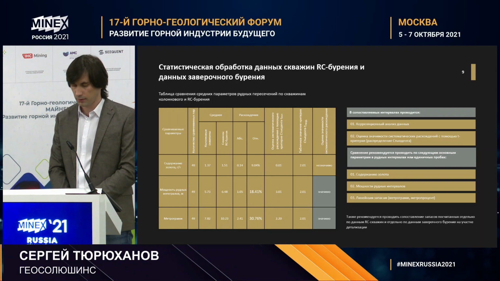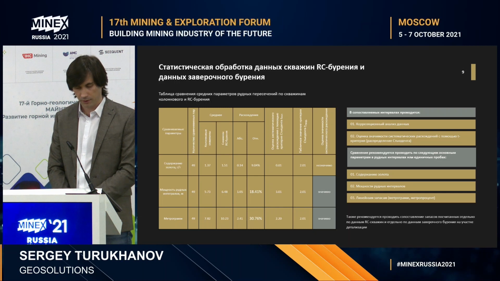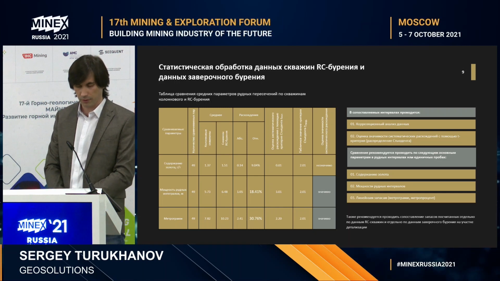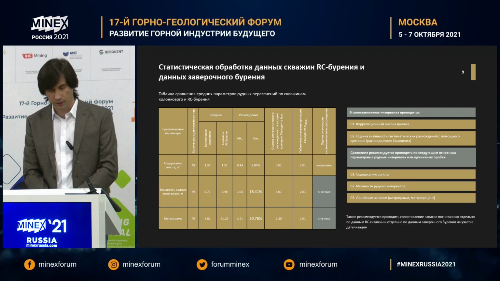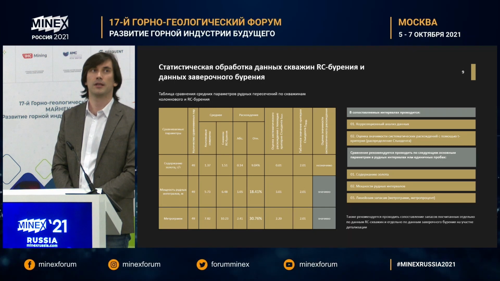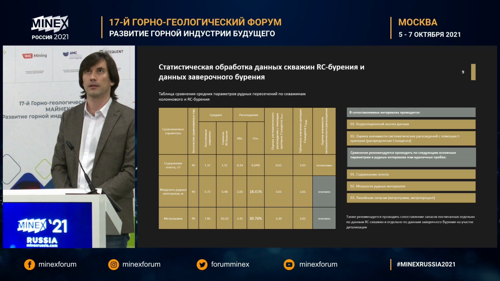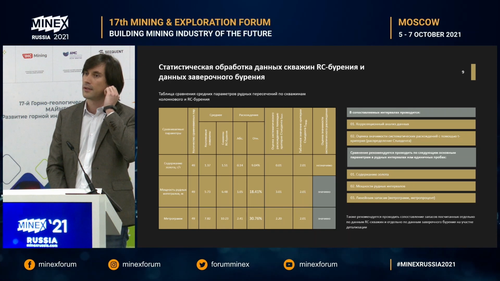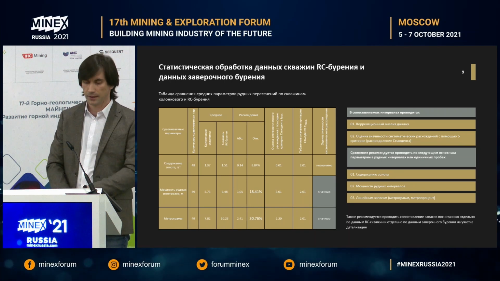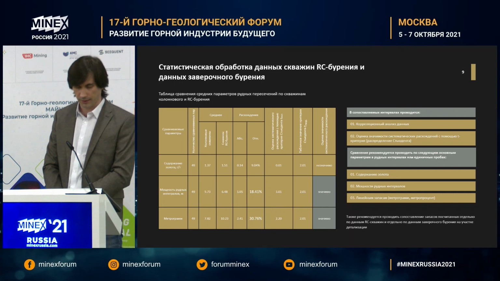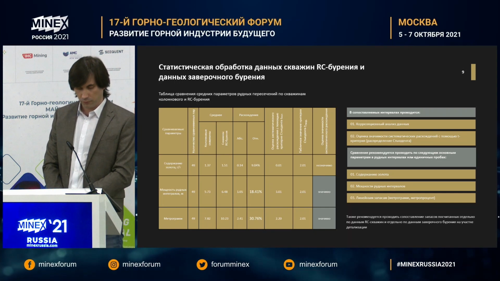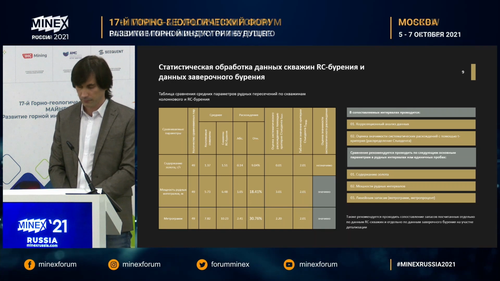The comparison should be carried out as per the grade of the components and linear resources. We also have to create separate sectors of detailing, and the accounting of resources should be done separately for conventional and RC drilling, and then to make this comparison.